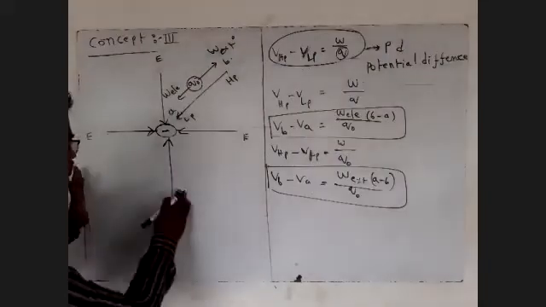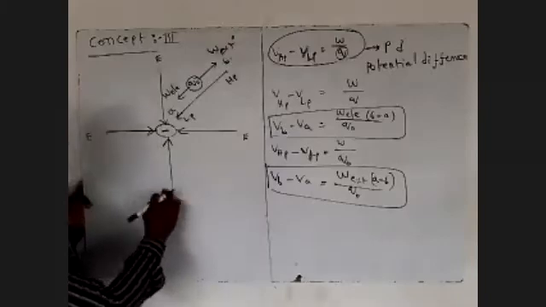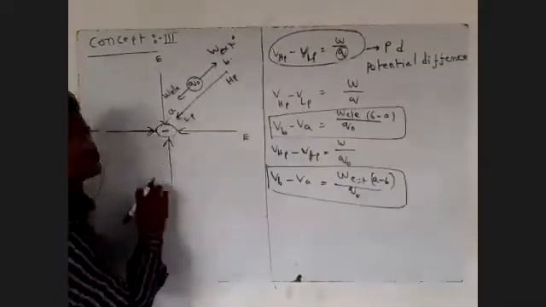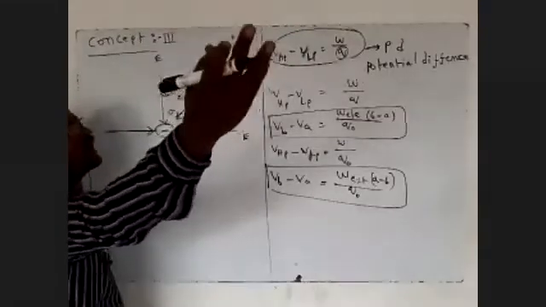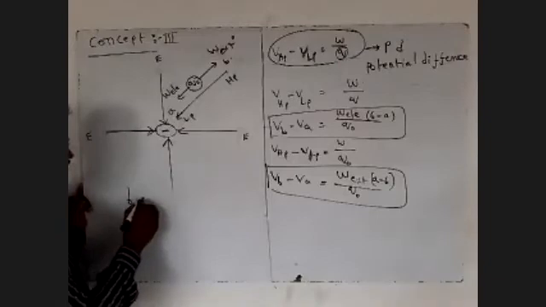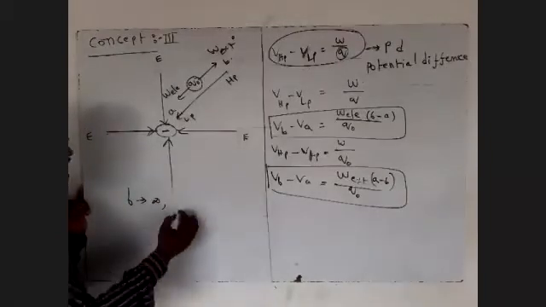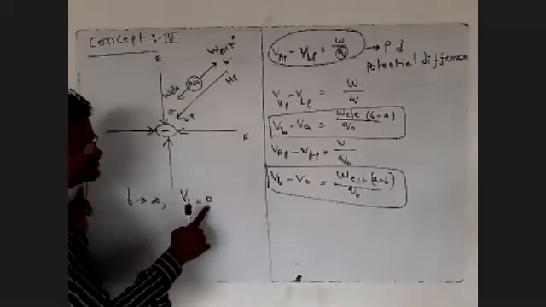So we know the basics. Point B is taken at infinity. Field lines start from positive and end at a negative charge, so B is taken at infinity, and the potential at B, VB, is 0.